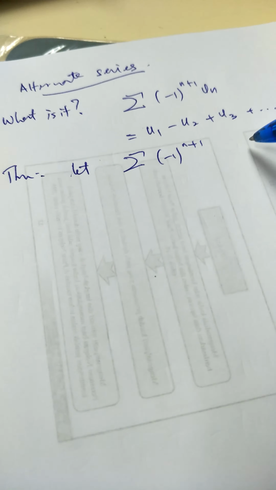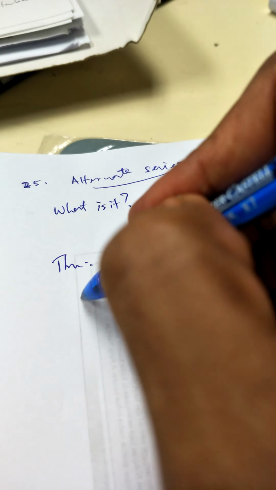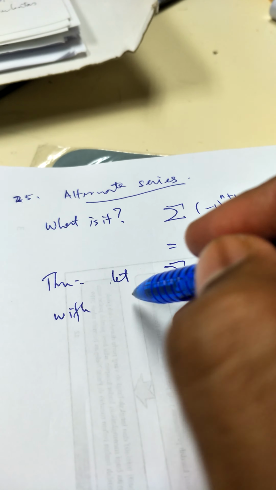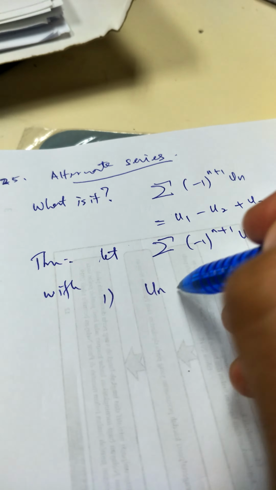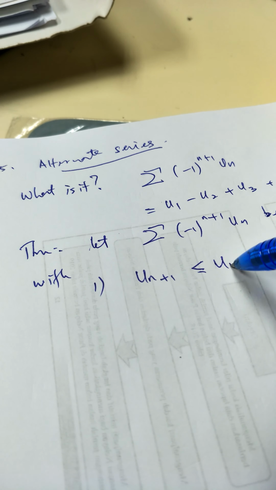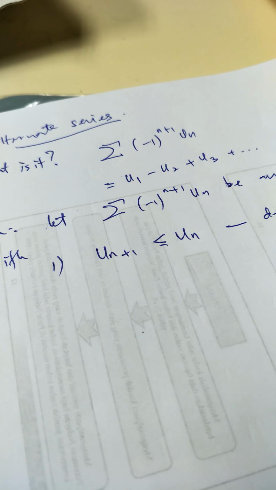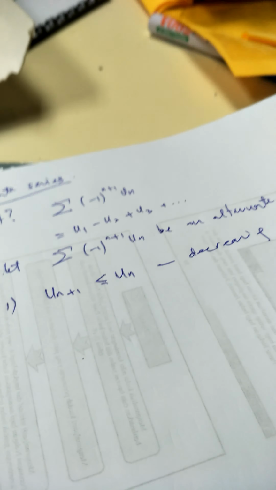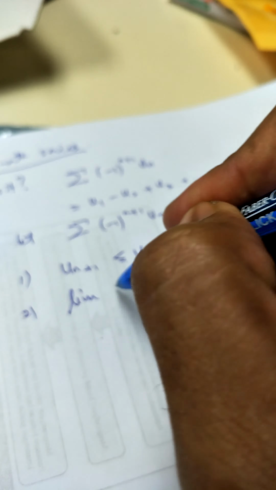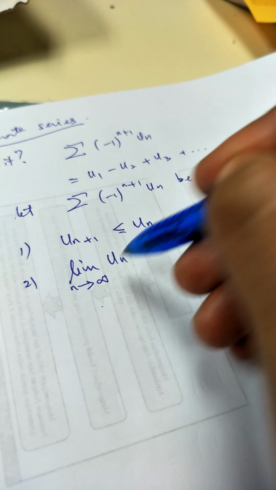Let the series sum of (-1)^(n+1) u_n be an alternating series with the property that, one, u_(n+1) is less than or equal to u_n for n equals 1, 2, 3, 4, 5, which means decreasing, and two, the limit of u_n equals 0.